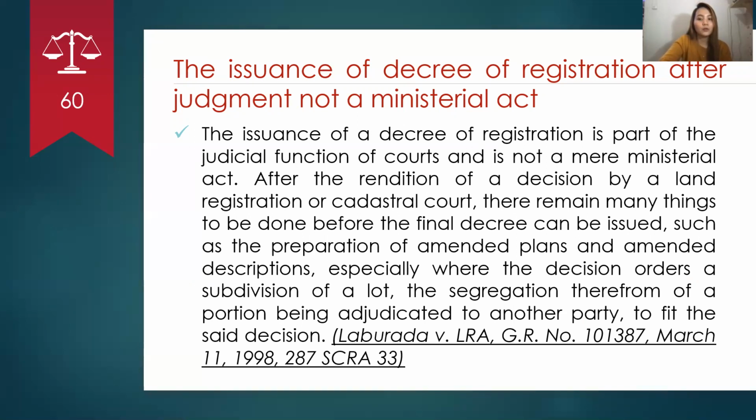Thus, if it is proven that the land which petitioners are seeking to register has already been registered in 1904 and 1905, the issuance of a decree of registration to petitioners will run counter to said principle. The issuance of a decree of registration is part of the judicial function of courts and is not a mere ministerial act which may be compelled through mandamus. It is not legally proper to require the LRA to issue a decree of registration. Next slide, please.